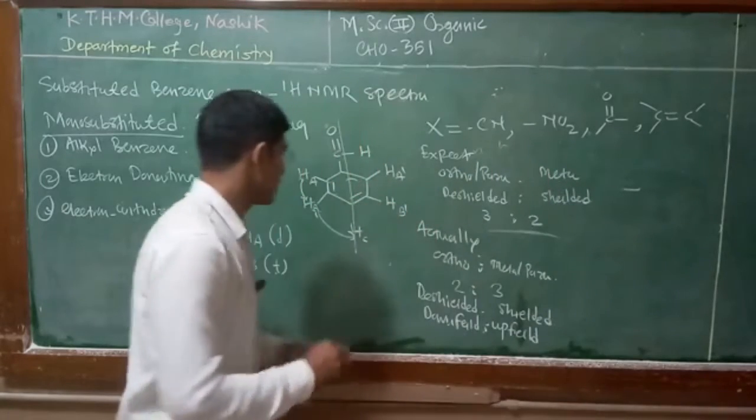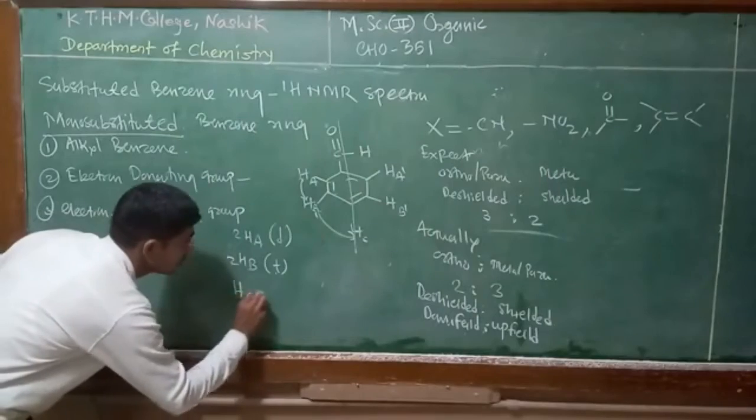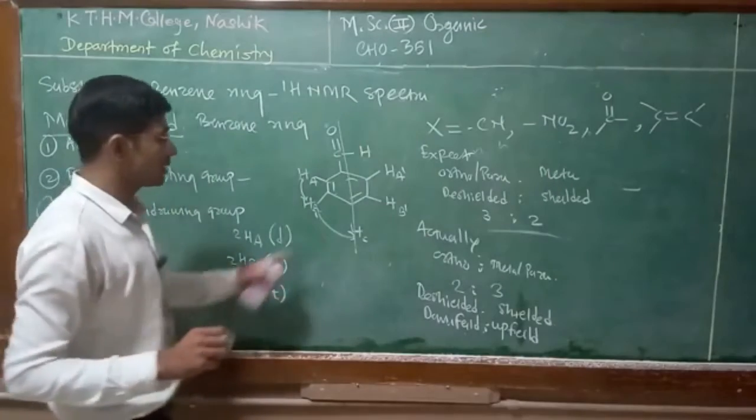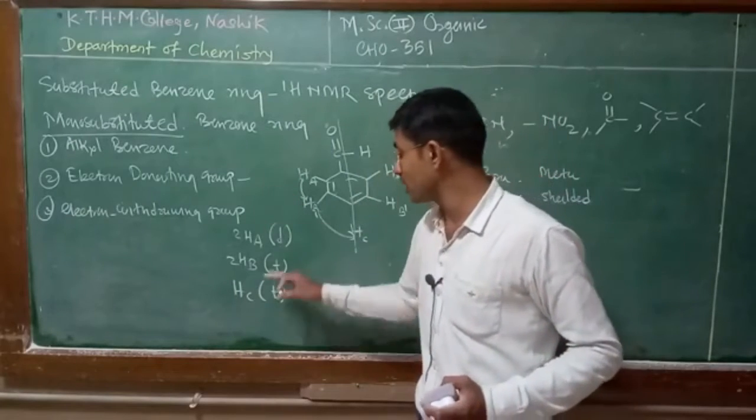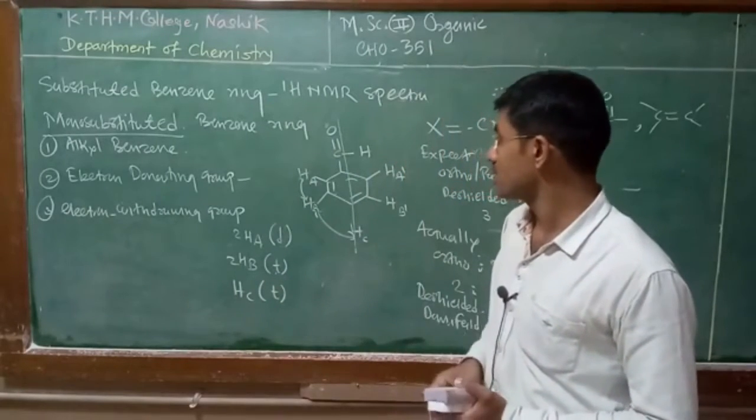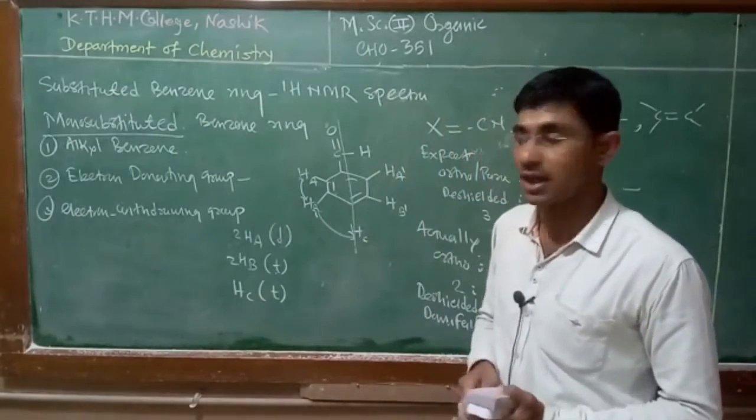Again the one Hc proton shows a triplet, since it couples with two protons, Hb and Hb dash. Like this we get the spectrum of benzaldehyde.